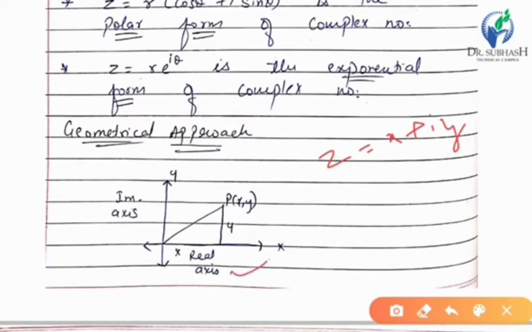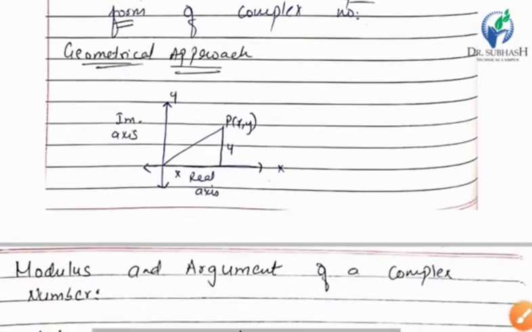And y is the imaginary number, so the y axis is known as the imaginary axis. And the point (x, y), if I name it P(x, y), means this x is from the real axis and this y is from the imaginary axis.